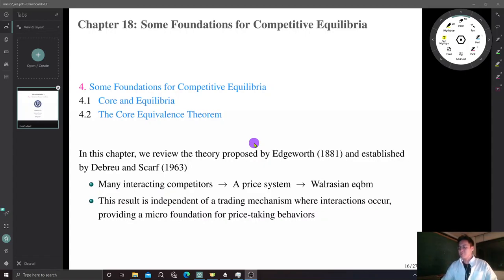So for the first welfare theorem, we had to impose one more condition on the preference relation, that is strong monotonicity, or a little bit weaker assumption, local non-satiation. Okay? If either condition is met, then by virtue of the first welfare theorem, every Walrasian equilibrium allocation is Pareto efficient. Right?